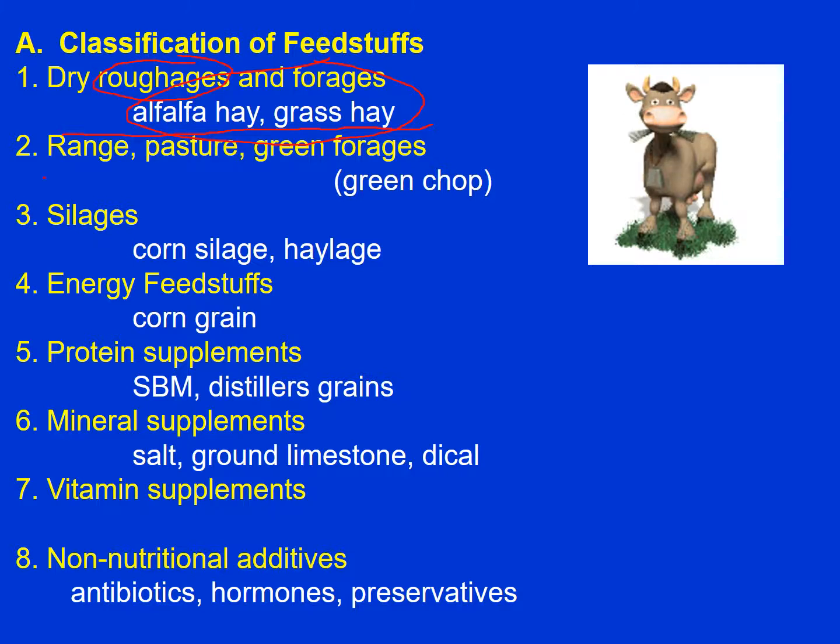And then range, pasture, green forages. What are those? Range versus pasture. In Minnesota, we have pastures. Range is what you're going to find out west. So range land is generally maybe semi-arid, not enough rainfall, or really poor quality forage that you need quite a few acres per animal out on the range.